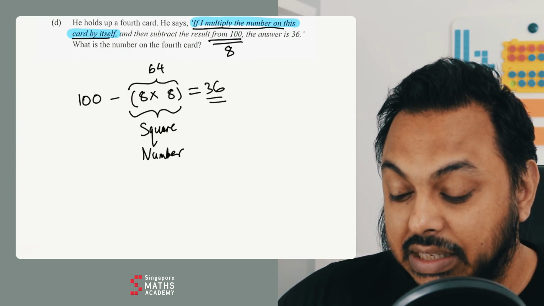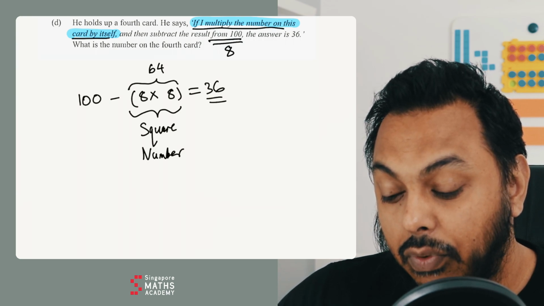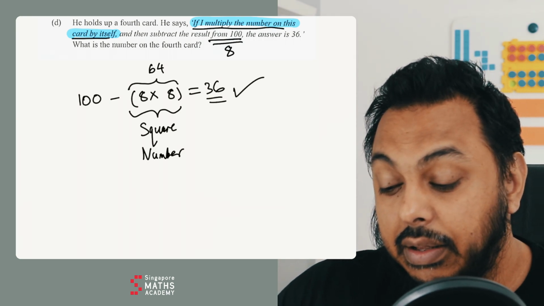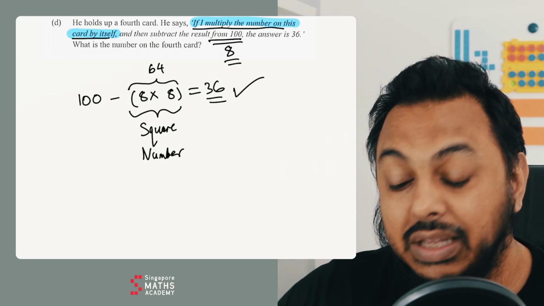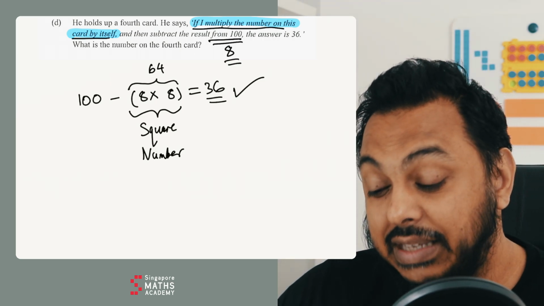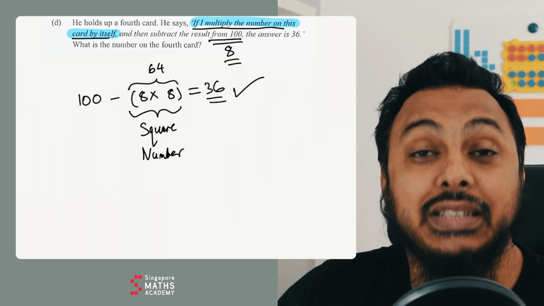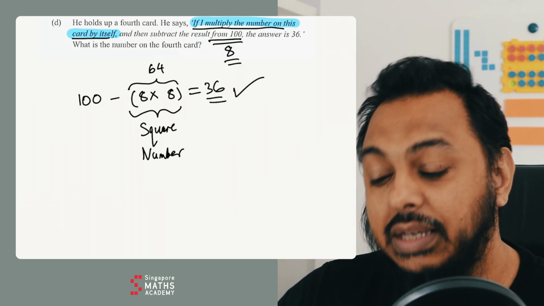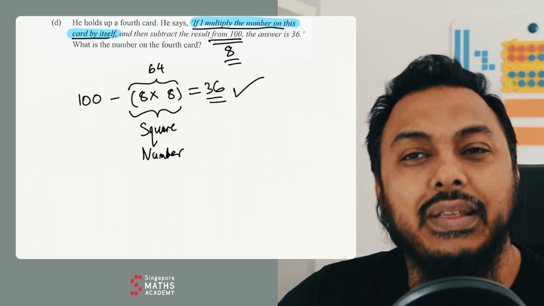8 times 8 is 64, and therefore 100 take away 64 is 36, and I get the number that I've been looking for. This card must be an 8, because the only way we can get 36 after multiplying the number by itself, getting 64, and taking it away from 100, is with 8. Yeah, it must be 8. Does that make sense?